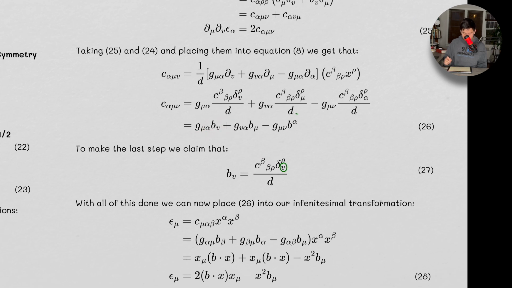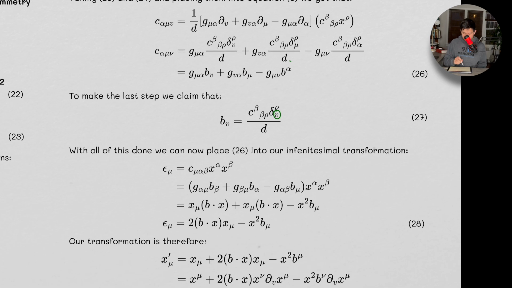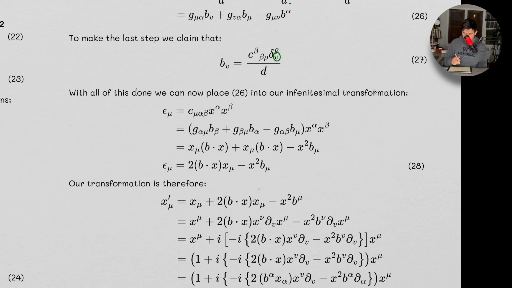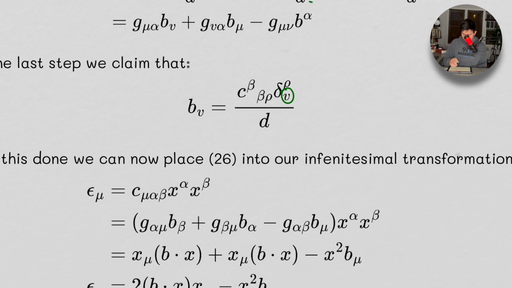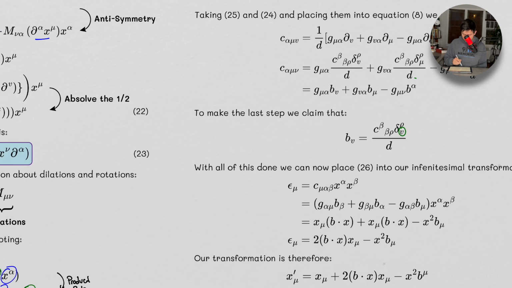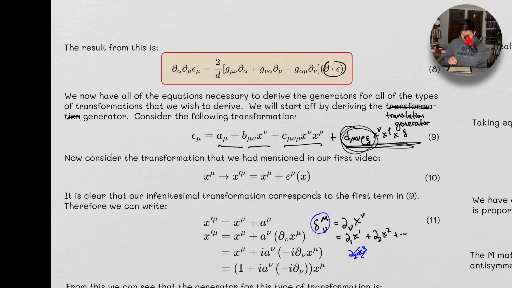This is equation 26. So with all this done, we can now place 26 into our infinitesimal transformation, which again is this guy. We plug that into here, we get this, and we get this now, right? So this tells us something about what B is, right? So B is actually this, right? So when we go back to equation, again, please ignore the dogs.